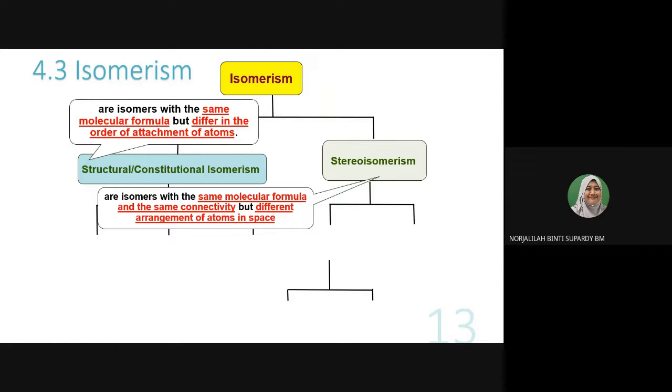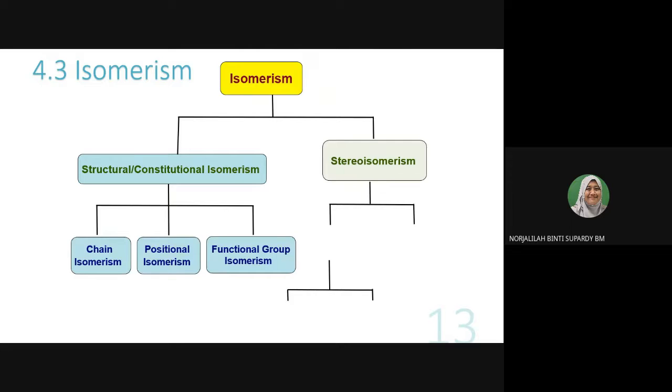And the stereoisomer is the isomers with the same molecular formula, but a different arrangement of atoms in space.